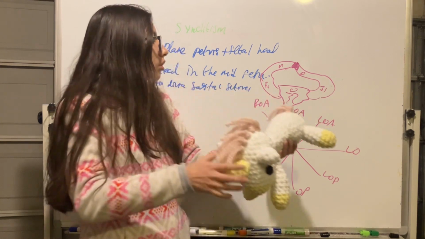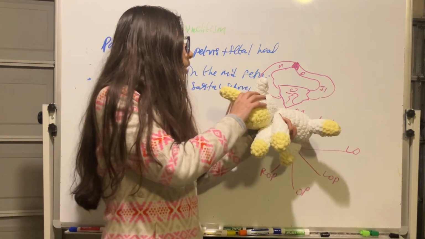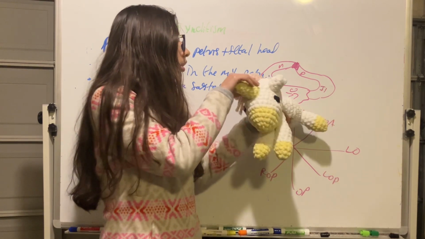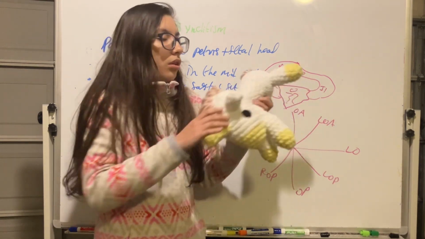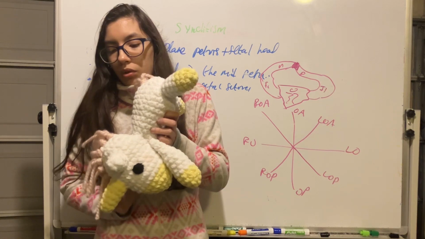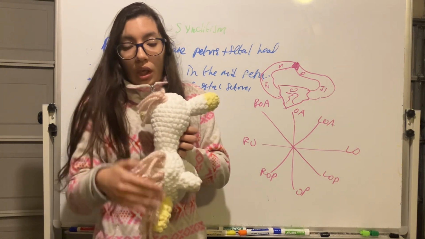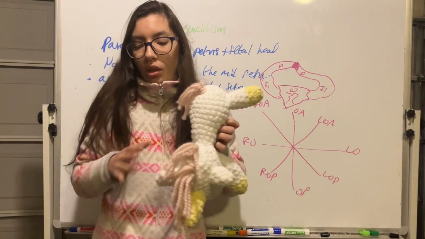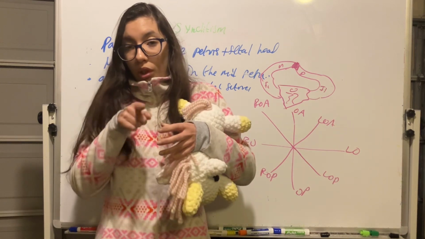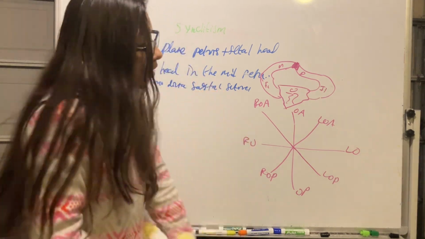And then occiput anterior again. Again, the toconomic point is in the anterior, pointing to the anterior part of the pelvis.